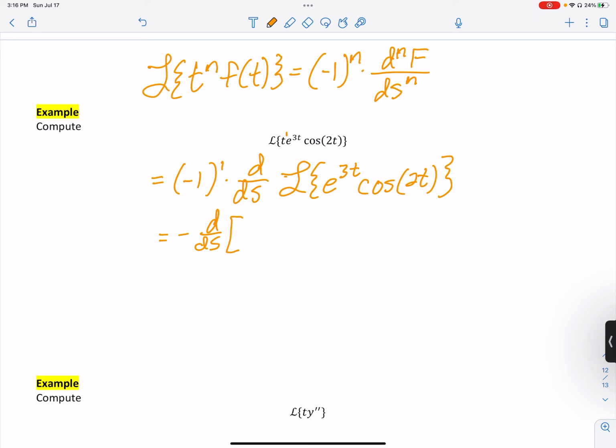I got that e to the 3t, which means that if we go back and look at our rules, I focus on this and I replace s with s minus 3. The normal one was s over s squared plus 4, that would be just this. But because of the e to the 3t, we get s minus 3 over s minus 3 squared plus 4.